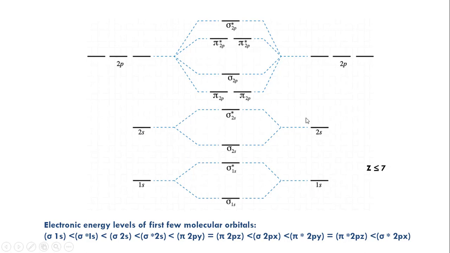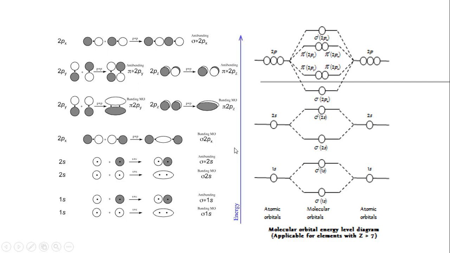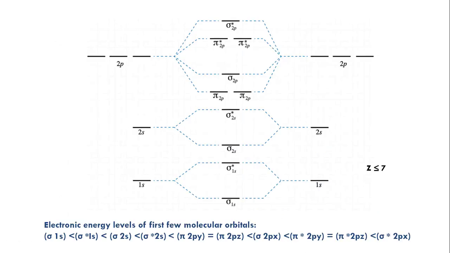So 2s is combining with the 2s atomic orbital of the other atom only. So when they combine with each other, the same number of molecular orbitals are formed as we discussed earlier: the bonding molecular orbital, which is represented as the sigma 2s orbital, and the anti-bonding molecular orbital, which is the sigma star 2s orbital.